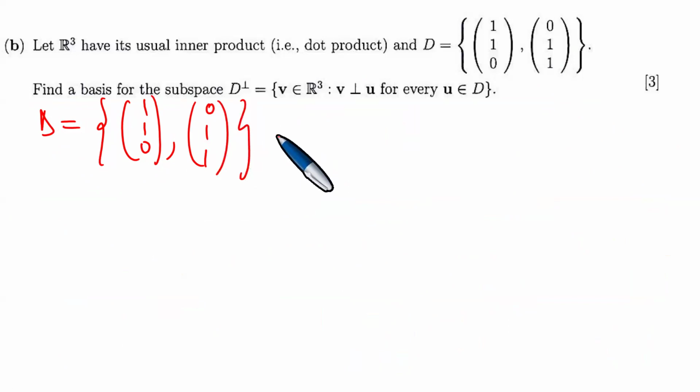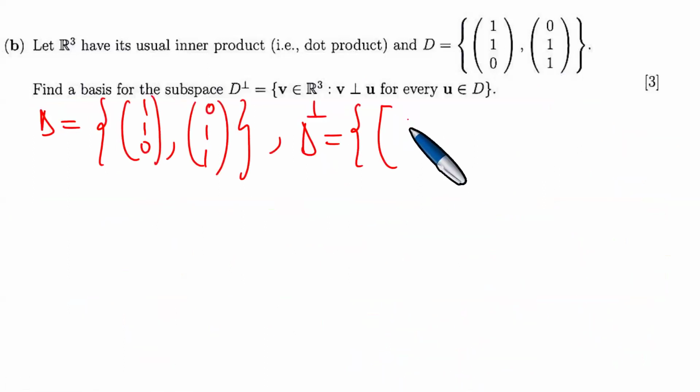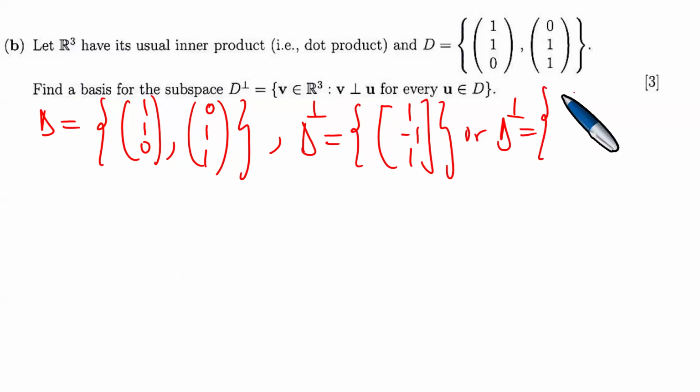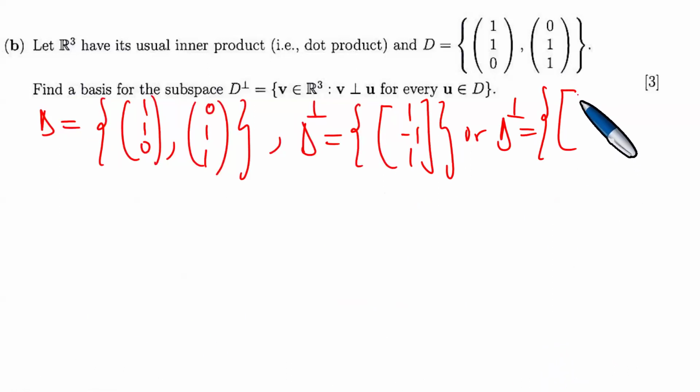Now D perp is going to contain 1, minus 1, 1, or D perp consists of the negatives, which is minus 1, 1, minus 1. You get the point?